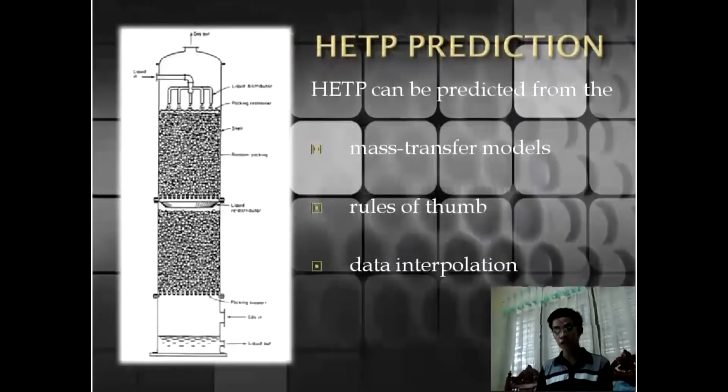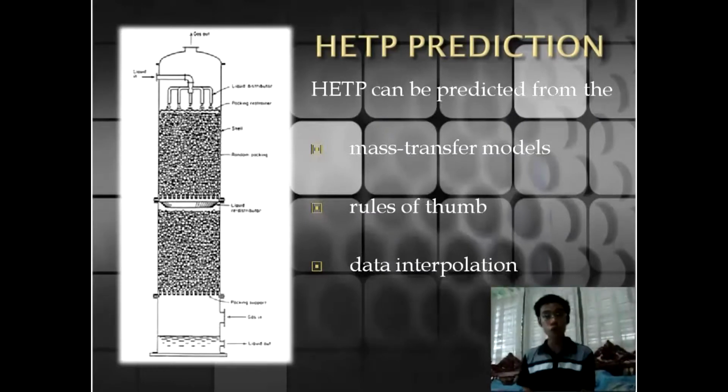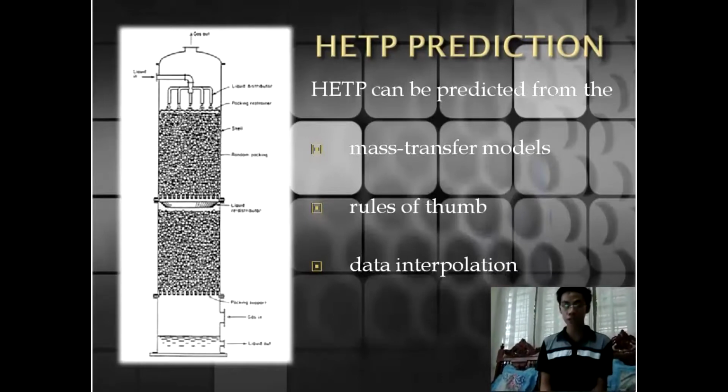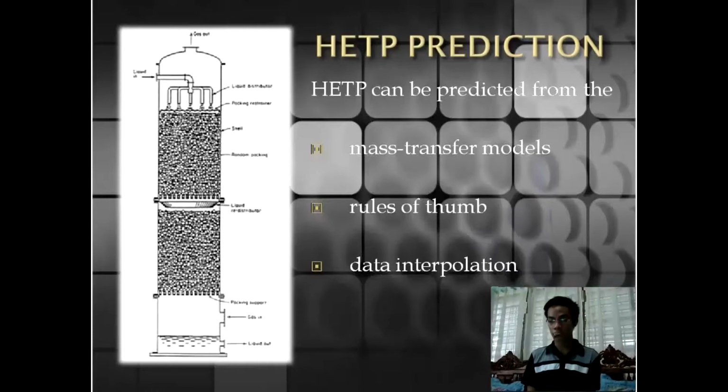To predict the value of HETP, the following methods may be used: mass transfer models, rules of thumb, and data interpolation. These methods are rather tedious and will not be discussed in this video.